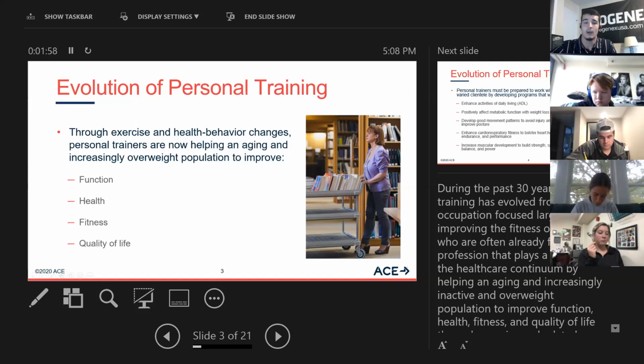At the onset of personal training, it was more about getting fit people to be more fit. Now it's more about getting unhealthy and sedentary people moving in any way possible. In some ways, it's made our job a lot easier because it doesn't take much to move somebody from unfit to fit. In other ways it's harder, because now we have things like motivation and health issues to deal with.